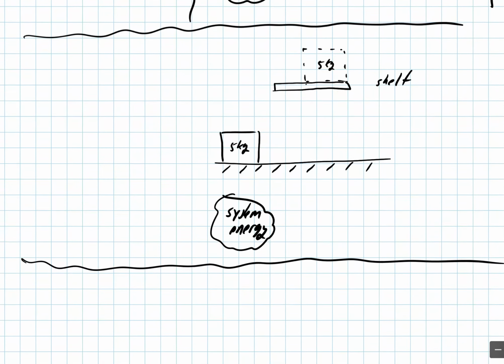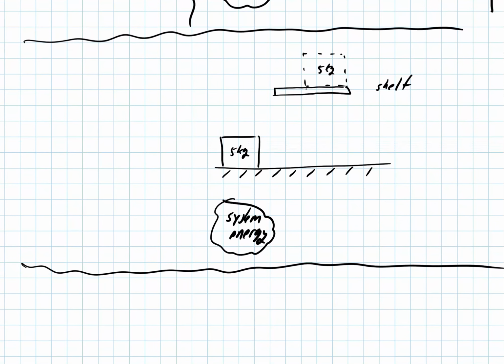Okay, let's look at another scenario. Suppose I've got a box, and the mass doesn't really matter, but it's just 5 kilograms. It's on the floor, and we're going to say that right now it has no energy. I know you could burn the box, but I don't want to focus on that. Just say right now it has no energy.